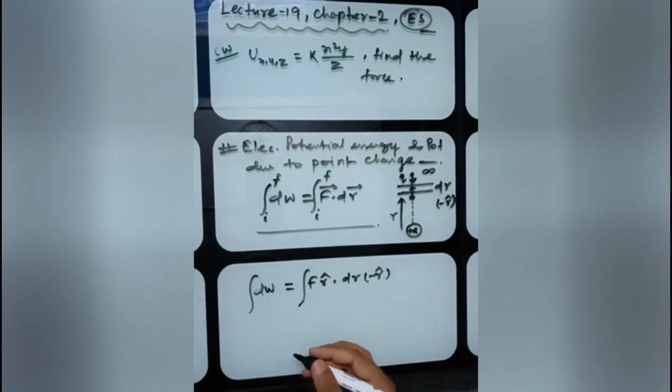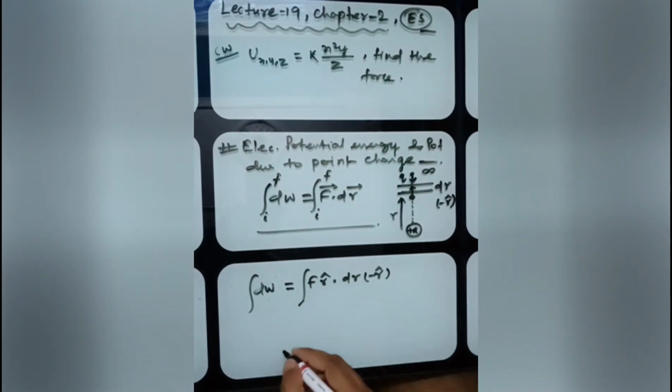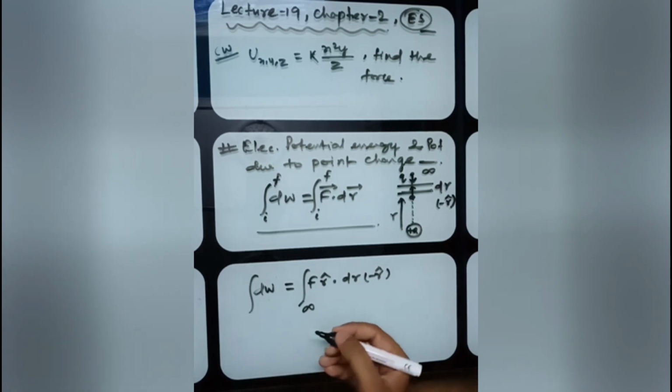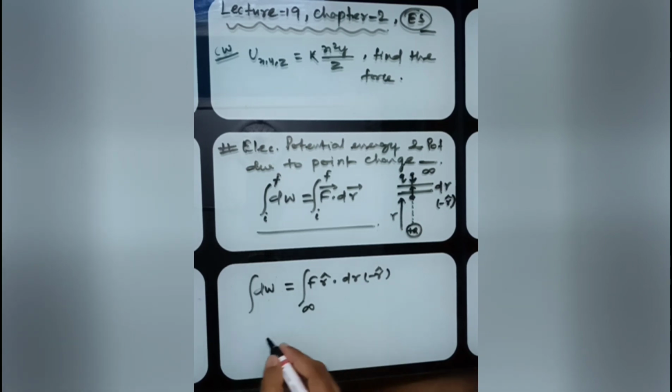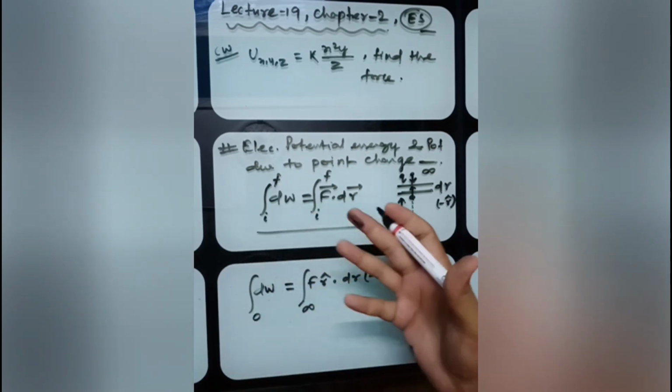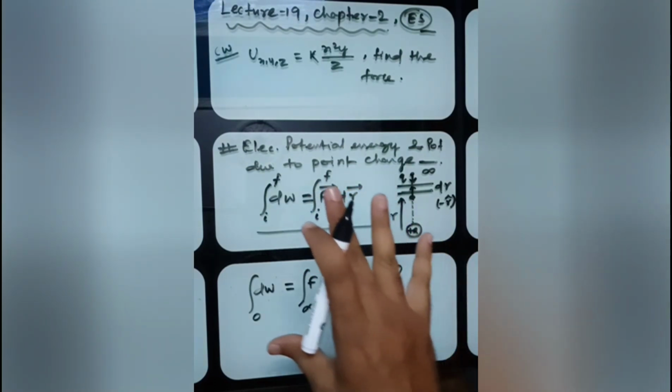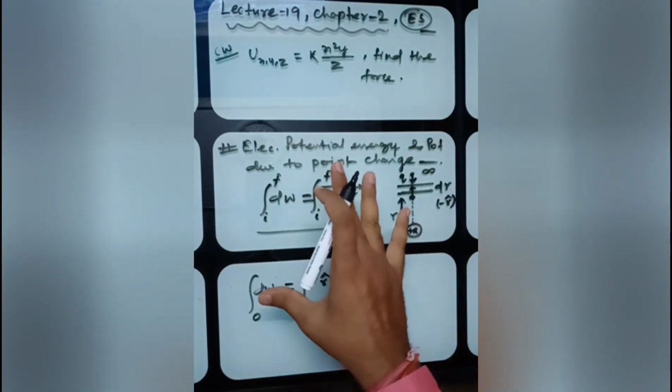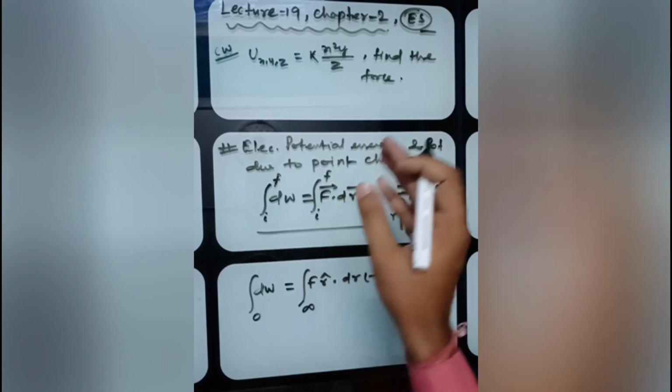Here, from where we have to move? From infinity. Initial point is infinity. At infinity, the electric potential and electric potential energy are both zero. Remember, my dear student, even if you try to recall by the definition, it is the amount of work done by bringing a test charge from infinity.